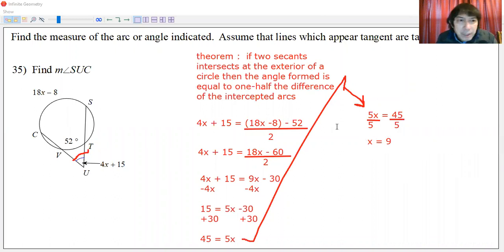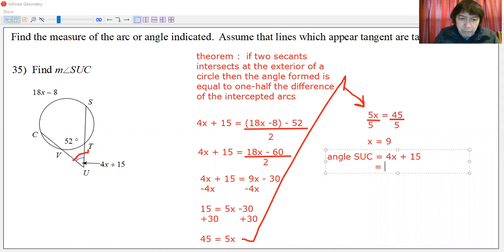All right, we're asked to get the angle SUC, which is 4x plus 15. So angle SUC is equal to 4x plus 15. Okay, we substitute now our 9.